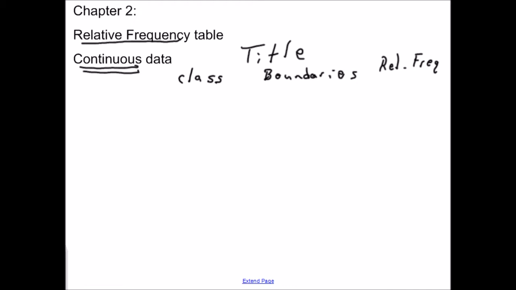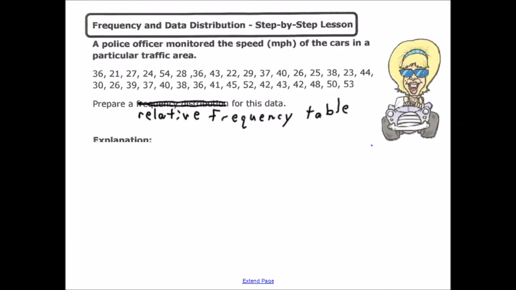So sample problem. Again, I mentioned we're doing relative frequency. When we're doing this, one of the things that I always suggest to do first is to order the data. A helpful tool for that is a stem and leaf plot.